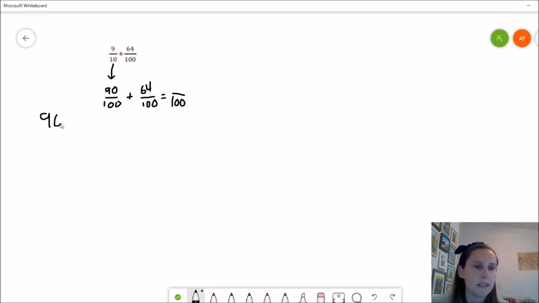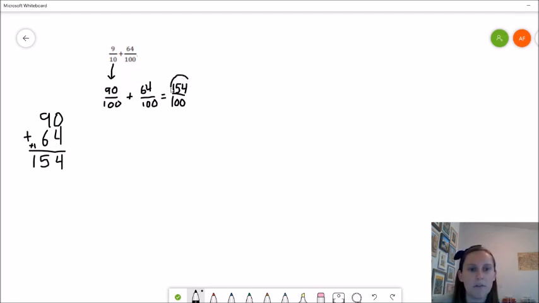So I'm going to write that off to the side here, 90 plus 64. 0 ones plus 4 ones is 4 ones. 9 tens plus 6 tens is 15 tens. So I bundle 10 to make 100, and I have 5 remaining. Carry 1 to the hundredths place. So that is 154. So I have 154 hundredths, but I want to write this as a decimal.